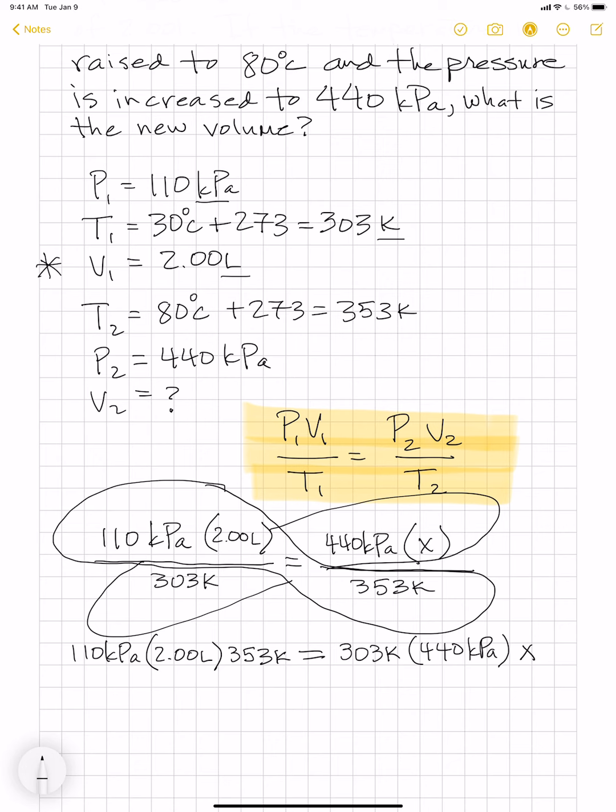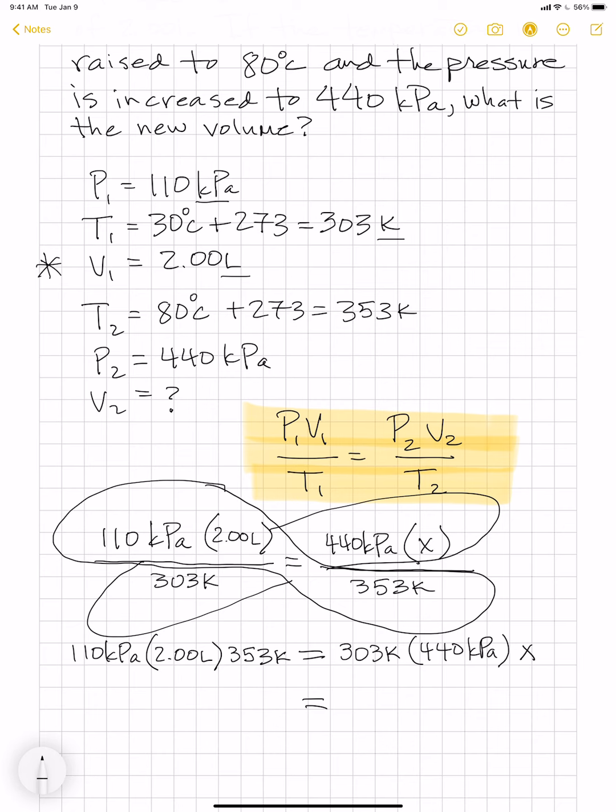We've got these giant multiplication things. So let's do the multiplication right now, okay? Get your calculator and multiply 110 times 2.00 times 353, and then don't forget the units, okay? So get your fingers tapping, all right? While you're doing that, I'm going to go ahead and do mine too. And here's our equal sign.